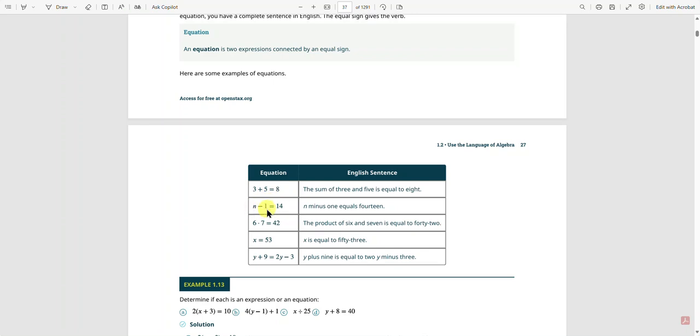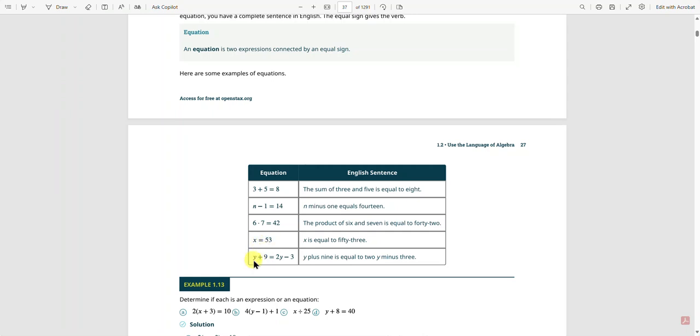Here we see the expression n minus 1 joined to the expression 14 with an equal sign, making this a complete sentence in algebra. It's an equation. Here we see 6 times 7, that expression, equals 42, a second expression. And that makes a complete sentence in algebra. 6 times 7 equals 42. Here we see x, one expression, is equal to 53.